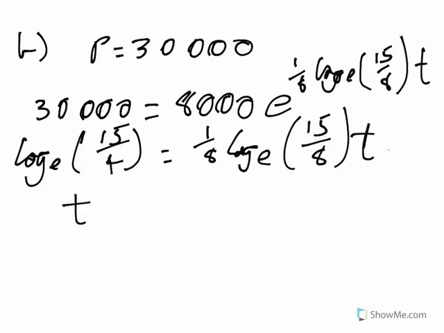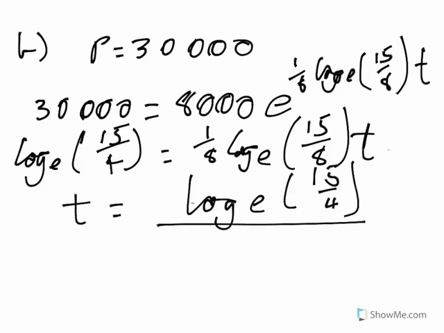So t will be equal to log to the base e of 15 on 4 over 1/8 log to the base e of 15 on 8, which is fine for me to do, but a question like this is more than likely going to be in exam 2 when you've got your calculator.